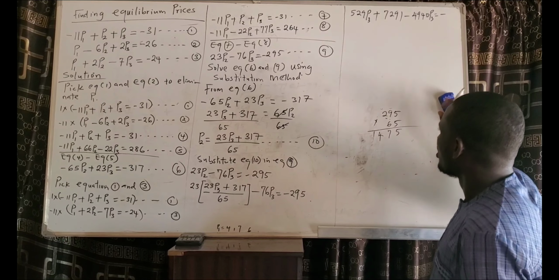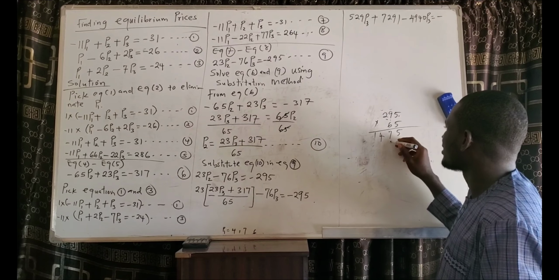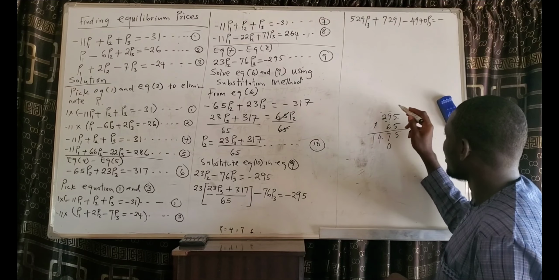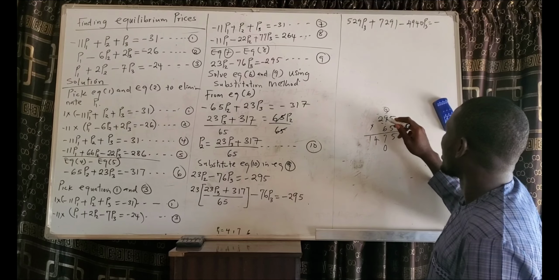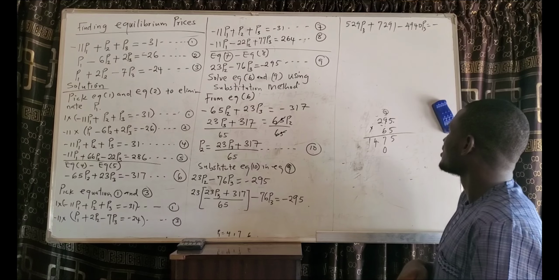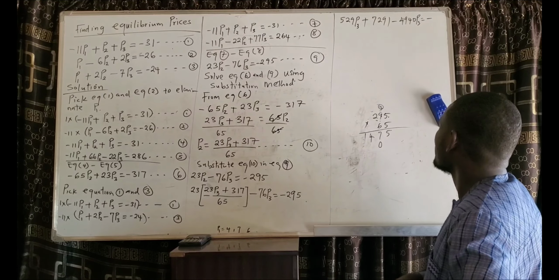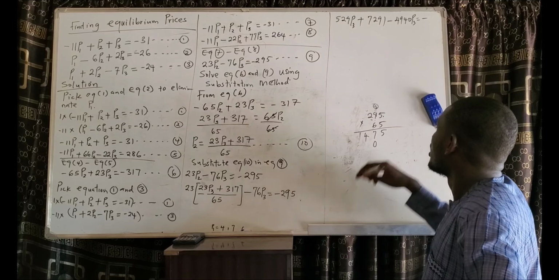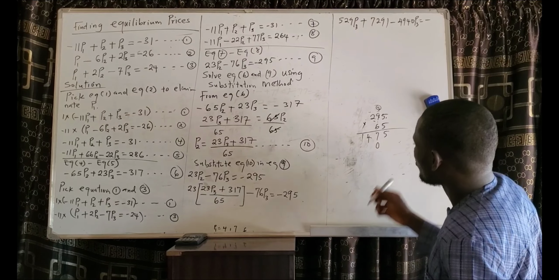Then 6 times 5, that is 30. You write 0, carry 3. Then 6 times 9, that will give us 54. Then 54 plus 3 will give us 57.